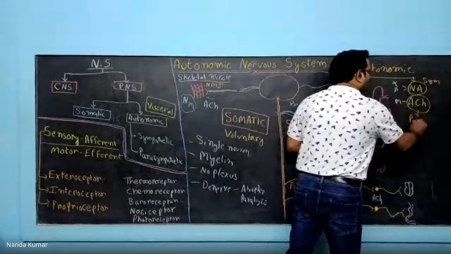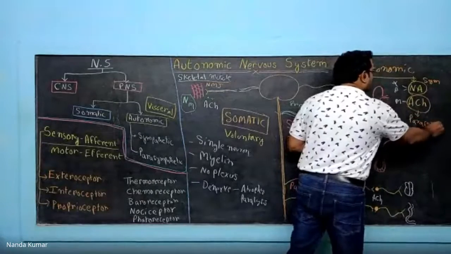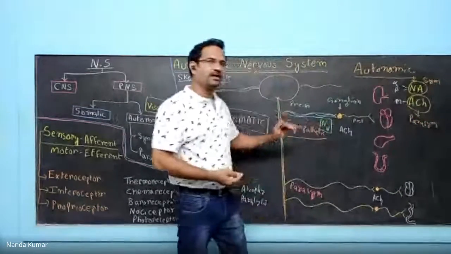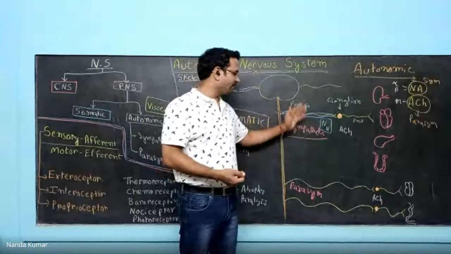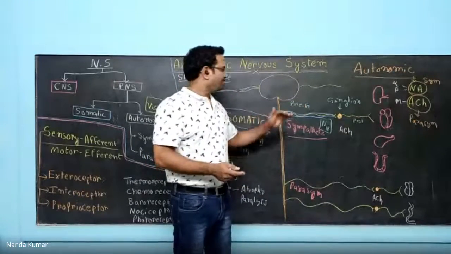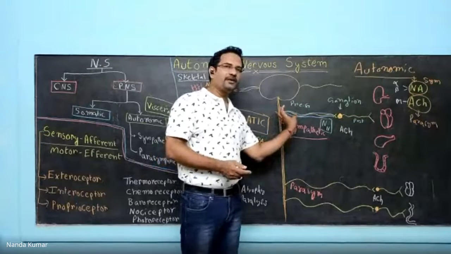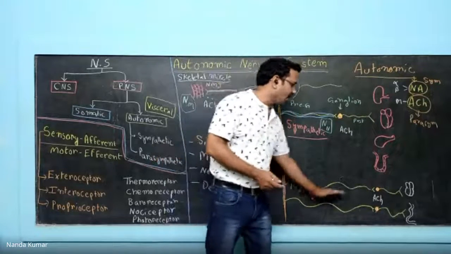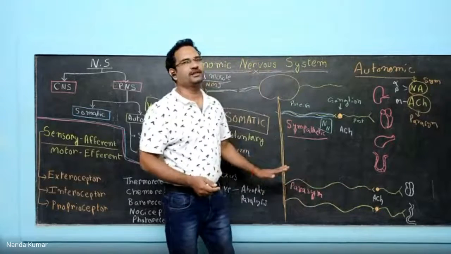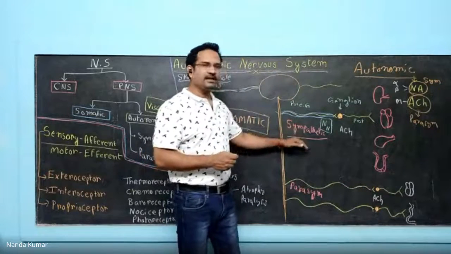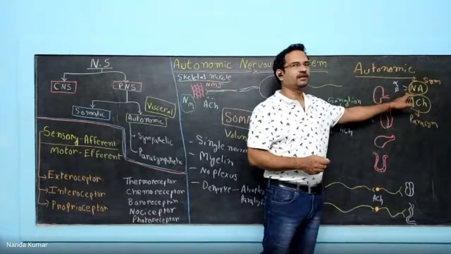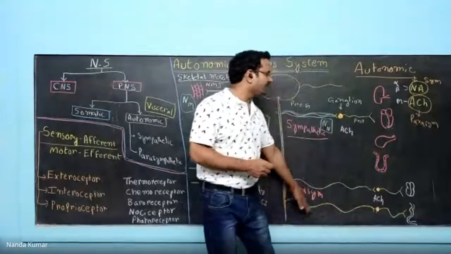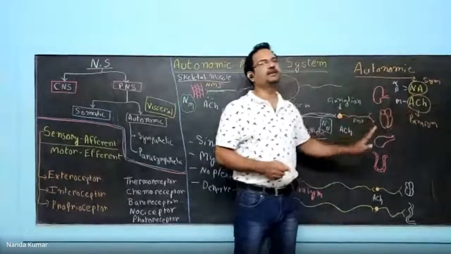So there are clear anatomical differences, and based on them, sympathetic and parasympathetic are divided. In sympathetic, there is a shorter preganglionic neuron. In parasympathetic, there is a longer preganglionic neuron. In the majority of cases in the sympathetic system the neurotransmitter is noradrenaline, whereas in all cases of parasympathetic it is acetylcholine.